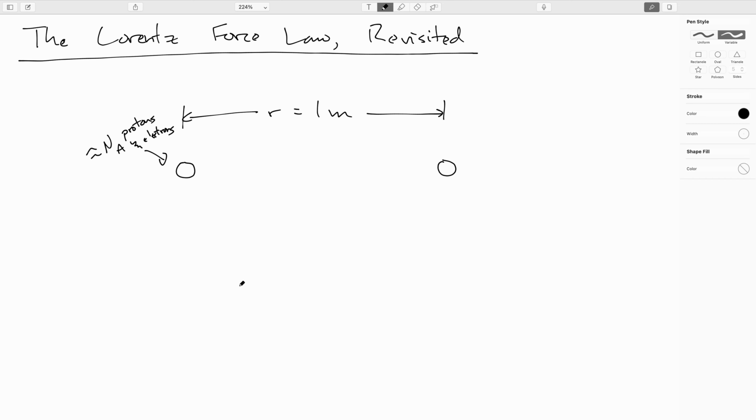So if you think about it, that means that every proton here is going to be trying to repel every proton here. So let's just go ahead and draw that in. I'll call that F++. And every electron in here is going to try to repel every electron in here.